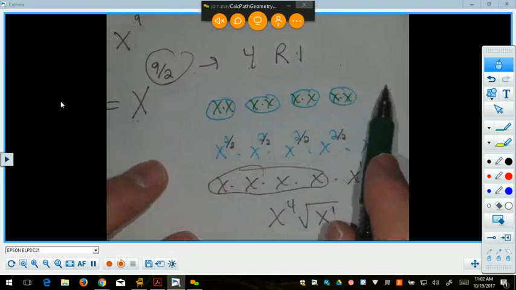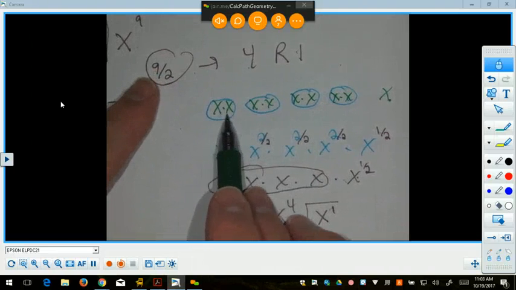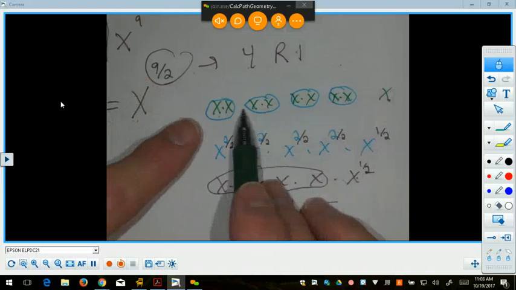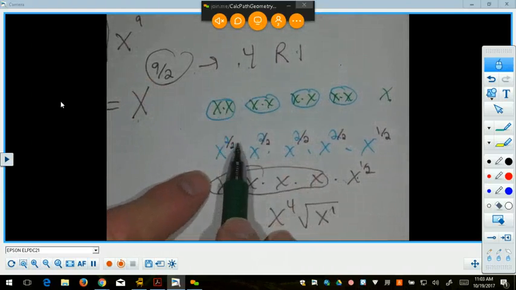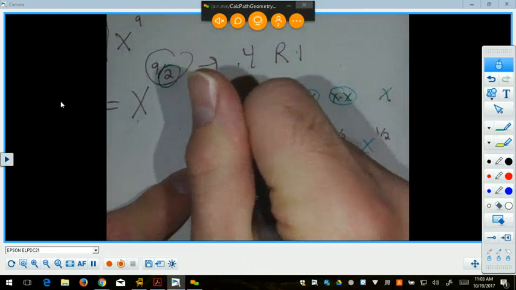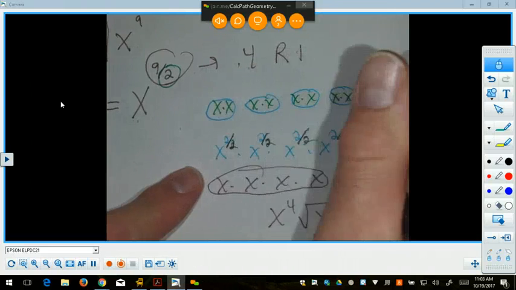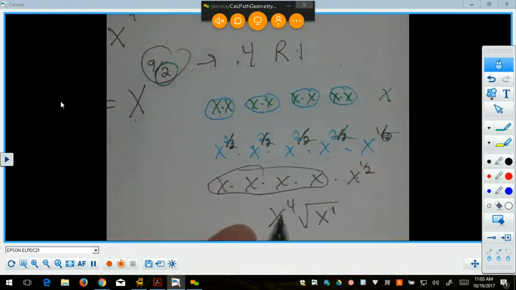Did the grouping part make sense? I have 9 x's, right? See how I have 9 x's there? And I have 4 groups of 2. And when I divide that exponent by 2, because that's what this part says right here, that's why I have the over 2, these become x's, and they become x to the 4th.